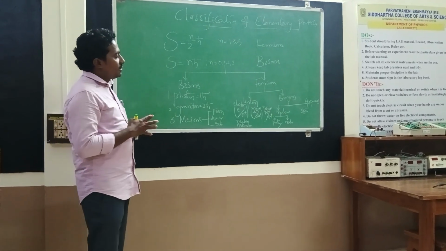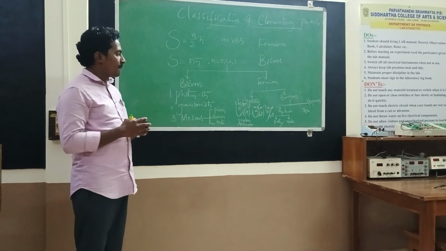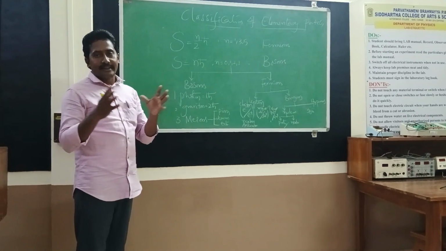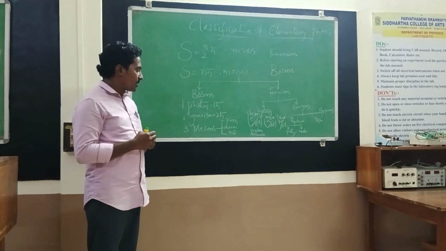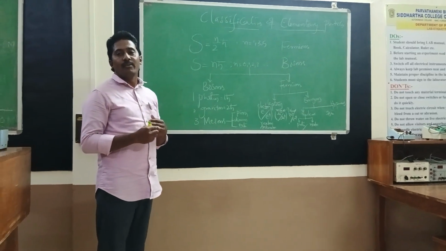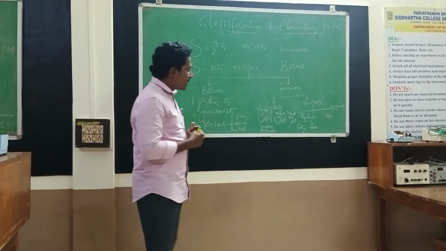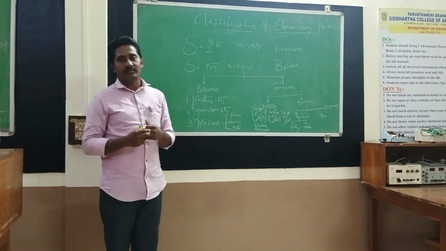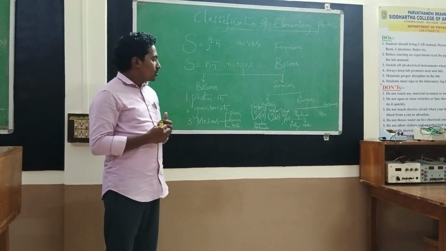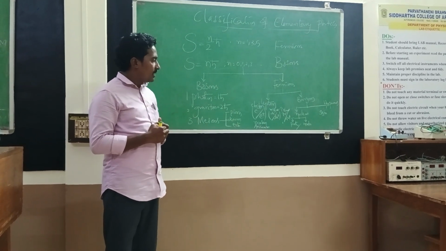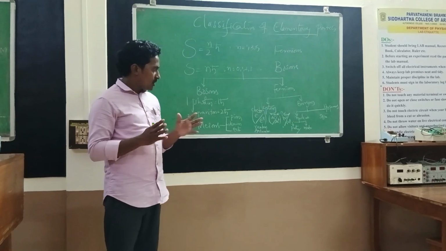Basically, there are four fundamental interactions responsible between these particles, known as fundamental particle interactions. Number 1, electromagnetic interaction. Number 2, gravitational interaction. Number 3, weak interaction. Number 4, strong interaction. The gravitational interaction is available between two heavy objects and does not depend on charge, color, or size. The electromagnetic interaction is available only between charged particles, not between uncharged particles.